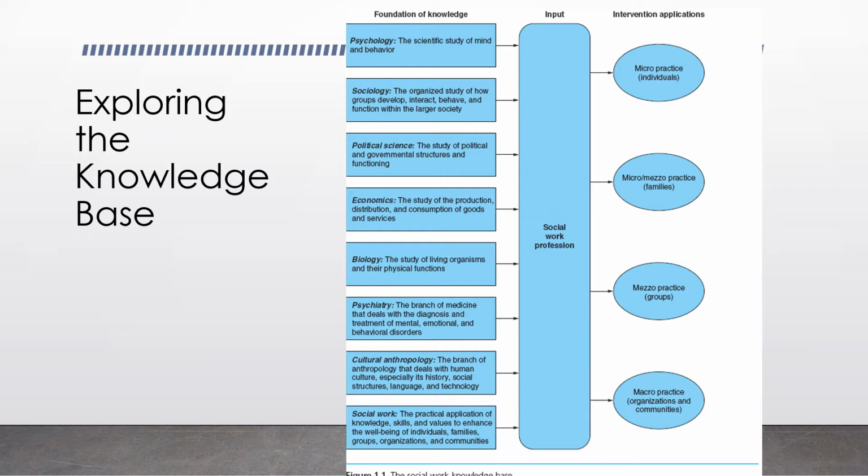We may draw from ideas in political science or theories to help inform our meso-level practice with families and groups. And we may draw even from biology, for example. We're going to talk more about ecosystems theory in a later class, next class. And so we actually draw from biology and the idea of ecological systems and the interconnectedness of species to help guide our practice as social workers.